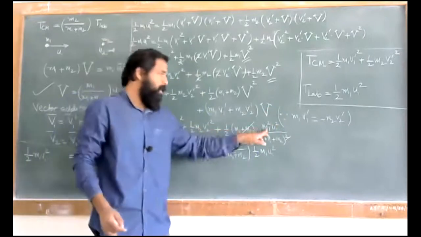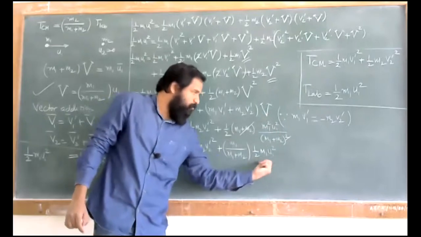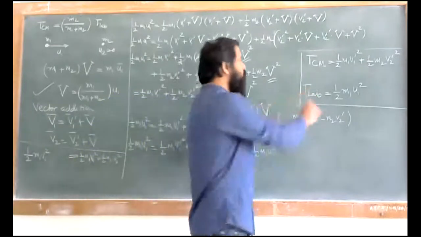I took 1/2 m1 inside, so 1/2 m1 u1 square. So what is 1/2 m1 u1 square?